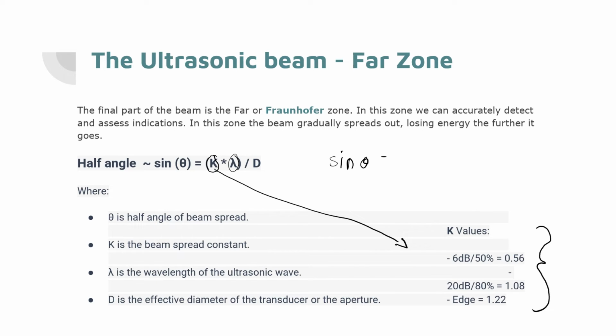Sine theta is equal to constant multiplied by V over F over D, which, to make it simpler, sine theta is equal to constant multiplied by velocity over diameter multiplied by frequency. Once again, this makes it a little bit shorter and a bit easier to do.